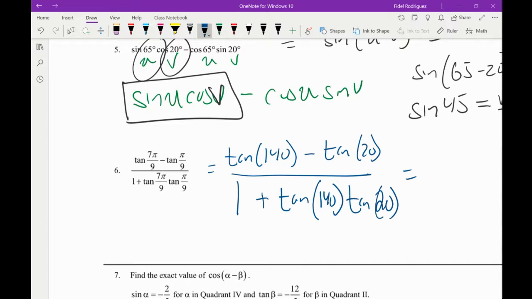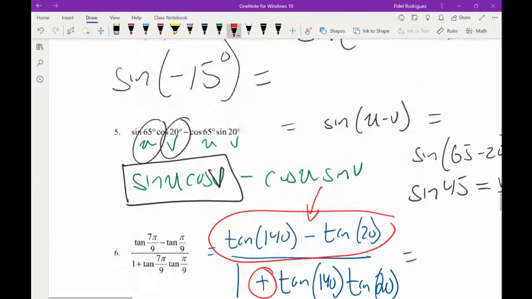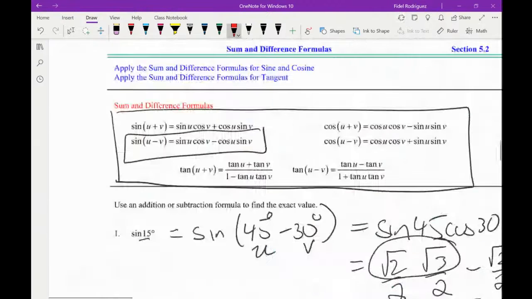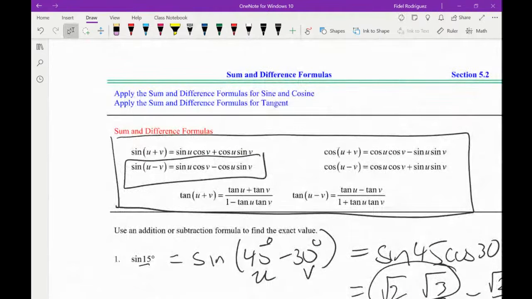Okay, so now what I want to do, I'm going to do a little stare and compare. I want you to look at what we have on the top. What's the operation I have down here? Subtraction. And then right here we have an addition, right? And I know I'm using the tangent, so I'm going to scroll back over here. This one right here, tangent of u minus v.